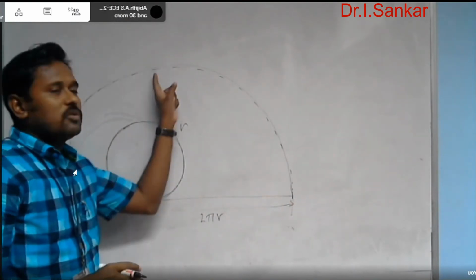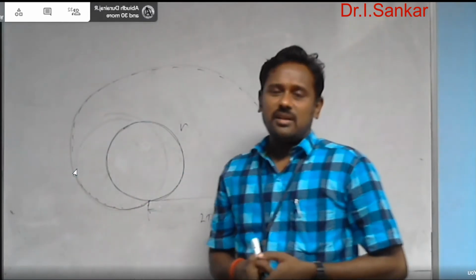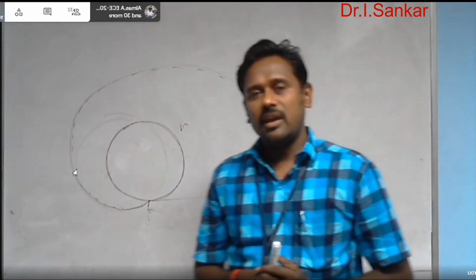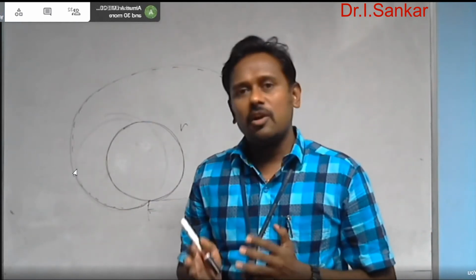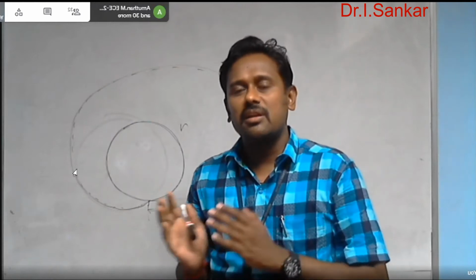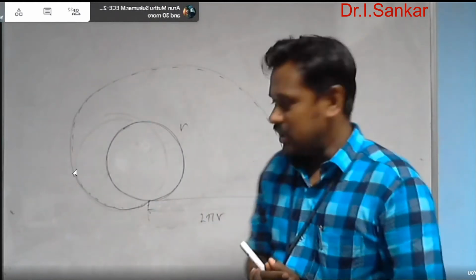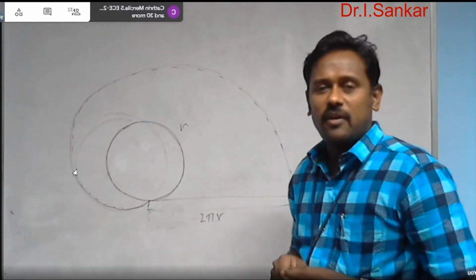We are going to draw this involute curve using the circle's diameter. The one and only given data in this question is the diameter of the circle. By knowing it, following some standard geometrical construction methods, we are going to draw the involute curve. And we can draw the tangent and the normal for that curve also.